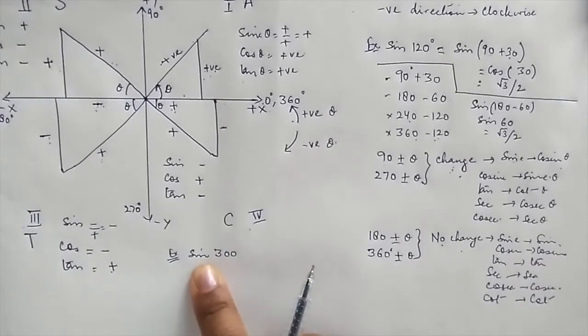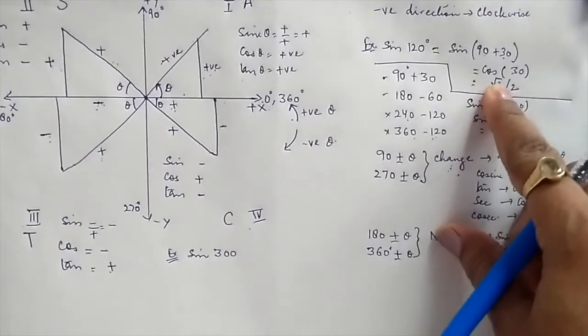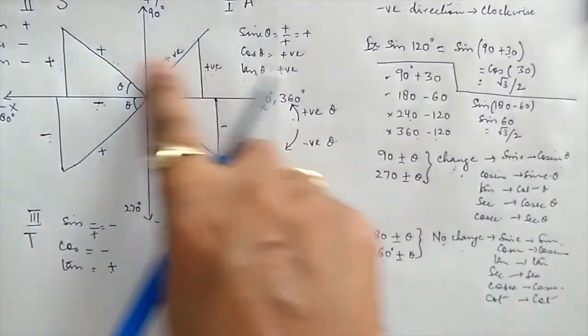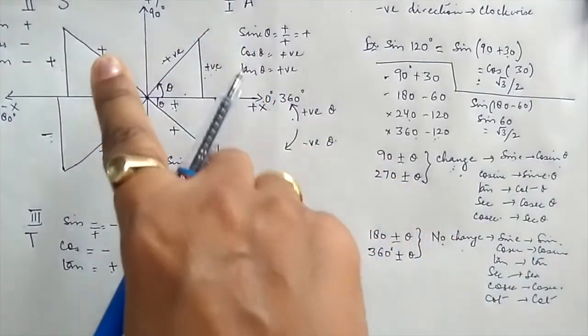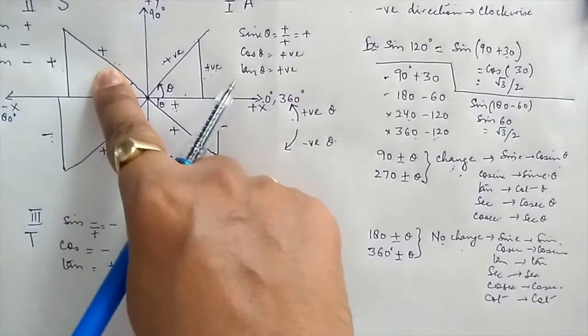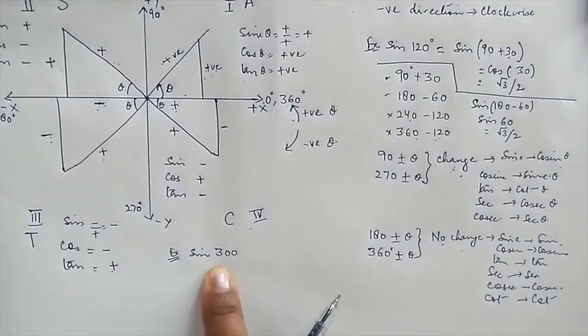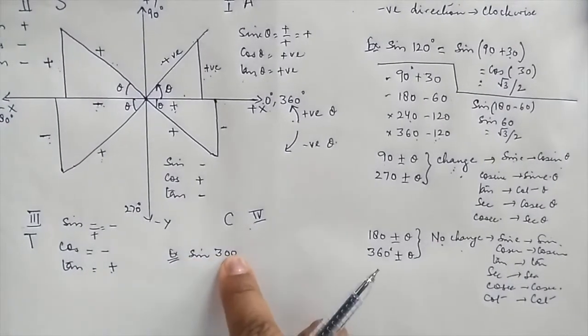I'm taking it to be sine 300. Now see here in this example, I was in the first and the second quadrant, and in the first and second quadrant all my ratios are positive. I was talking about sine, which was also positive, so there was no problem. But now I'm still talking about sine, but now I'm going on to 300 degrees, sine of 300.